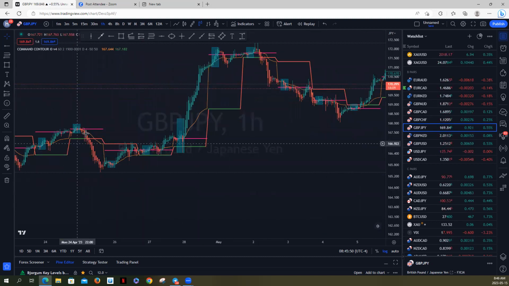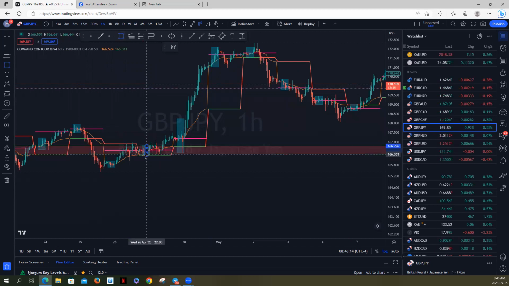the first thing you want to look for is to determine what the trend of the market is. And with the command contour, it's beautiful in determining that, right? One of the first things you want to look for, in a bullish trend for example, say we're at this point, you want to take your rectangular shape and box the top to the bottom, just like that.